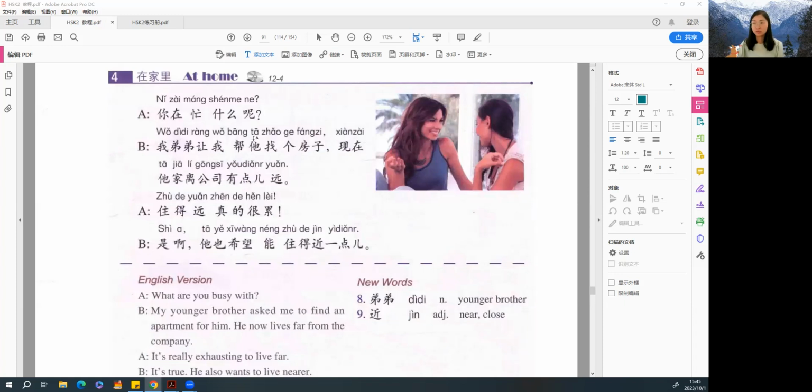Just a bit far away. And then A gives a comment that 住得远真的很累. You see the 得 is again here to help describe, as an adverbial, this verb 住, living.